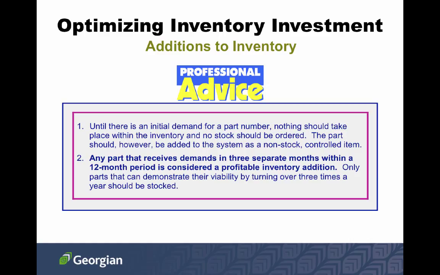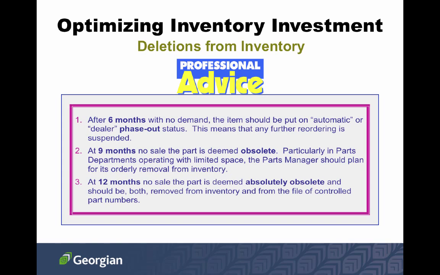That's additions to inventory. Now let me go to deletions from inventory. And most of these things we've earlier talked about in the context of control. So let's here look at deletions from inventory. After 6 months with no demand, the item should be put on automatic or dealer phase-out status.